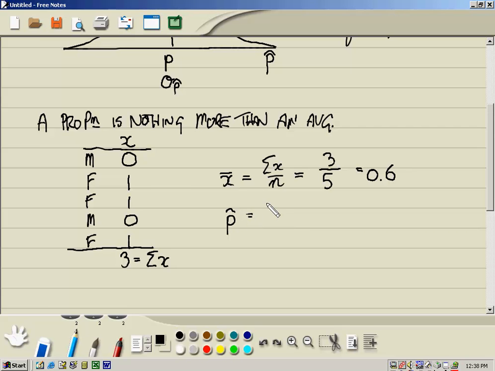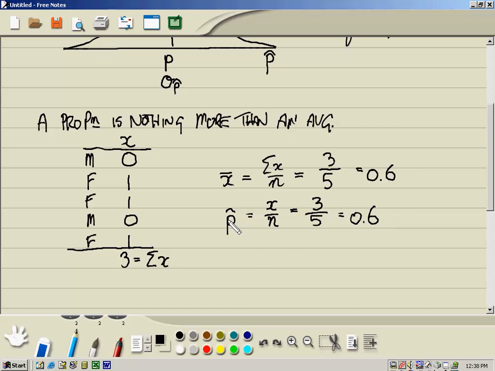If you wanted notation for it, following the interpretation of the notation as with proportions and the binomial distribution, x here would not be these x's per se. X would be the number of successes, in this case the number of females, the number of items with a particular quality, divided by the number of items in the group, and again you get 3/5 or 0.6, and that works for any proportion.